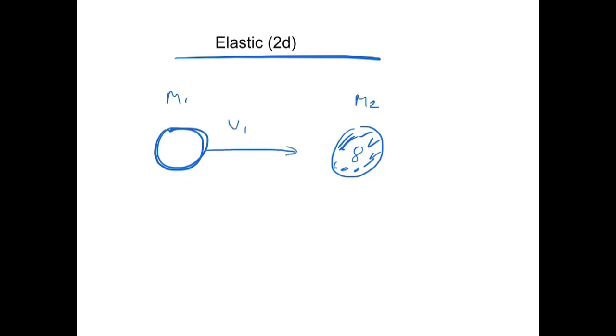So let's think about that in terms of two-dimensional elastic collisions. So the classic idea here, pool ball, we'll say, here's the cue ball, and we're going to hit it into, let's say that we're shooting at the 8 ball. And we'll call this M1 and M2, and this is coming in with some velocity, so V1 initial.